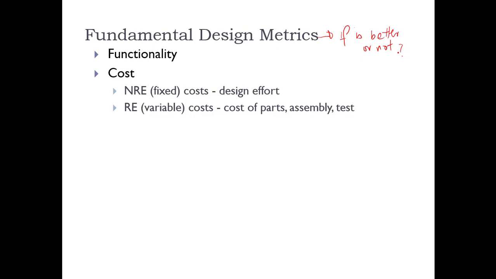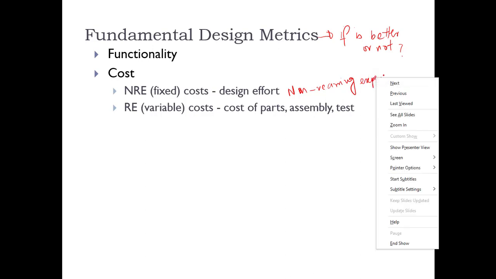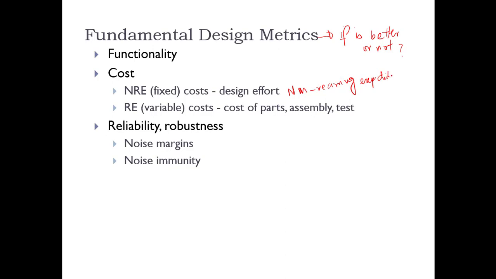So in VLSI design there are two main costs. One is called NRE, which stands for non-recurring expenditure, NRE, and then RE means recurring expenditure.